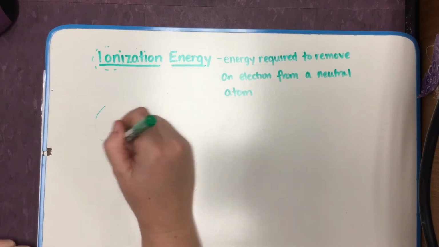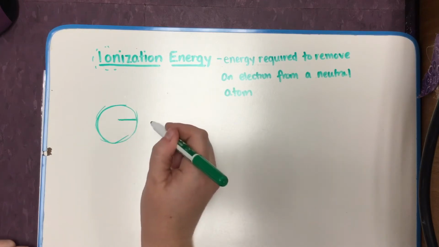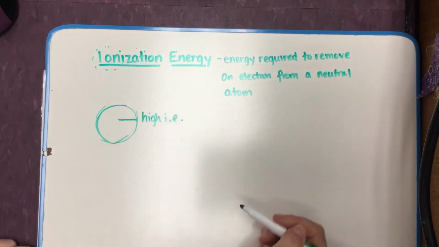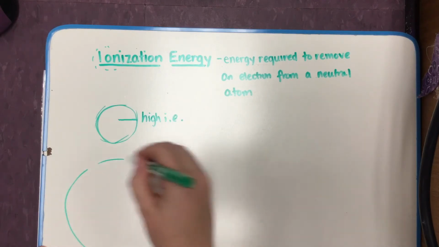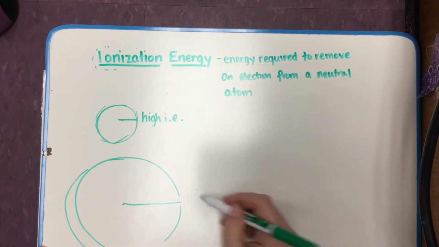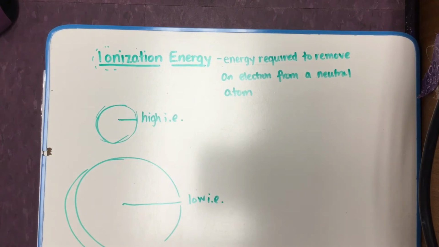So again, small atom, this force of attraction is pretty big, which means it's a high ionization energy. It takes a lot of energy to remove. Big atom, this force of attraction is not as great, so this would be a low ionization energy. High ionization energy, low ionization energy.